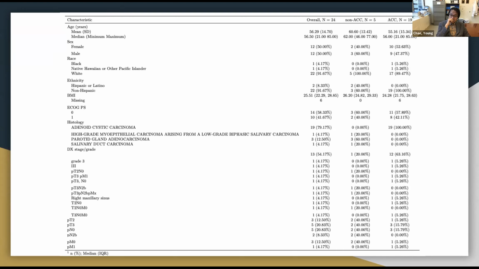Yeah. Okay. Because it's only 24 patients, you can make 24 columns or rows, in whatever direction you want to do, 24 this way or this way.